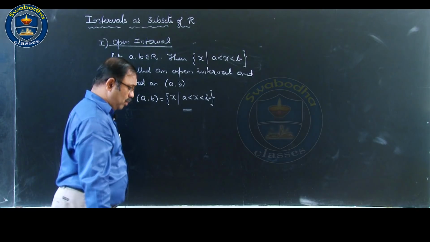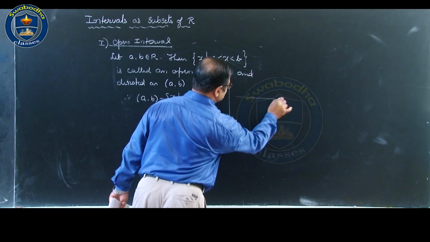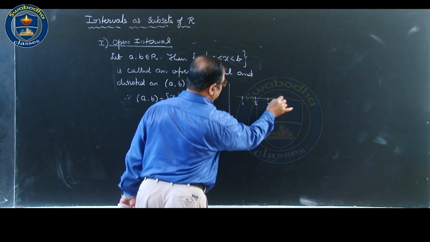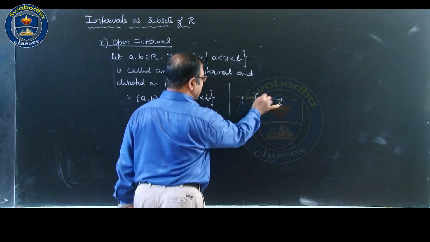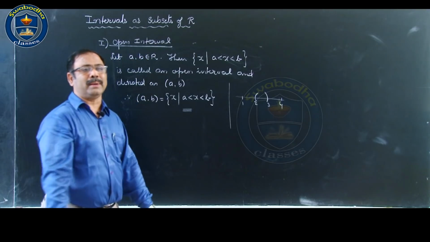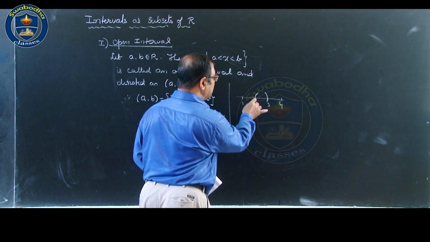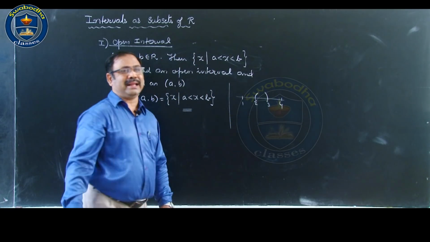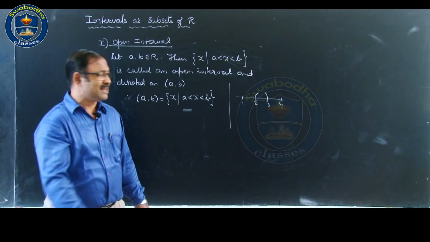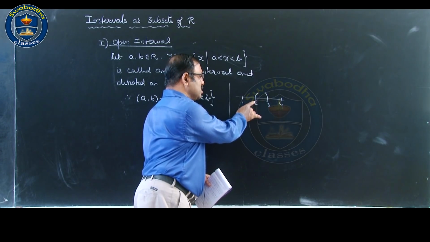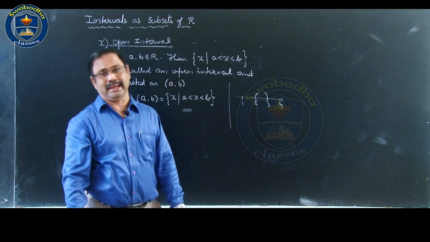In the case of an open interval, say 1, 2, 3, 4, suppose I consider the open interval (2, 3), the meaning is all those elements in between 2 and 3 are included, whereas the boundary values, the extreme corner values 2 and 3, are not included.